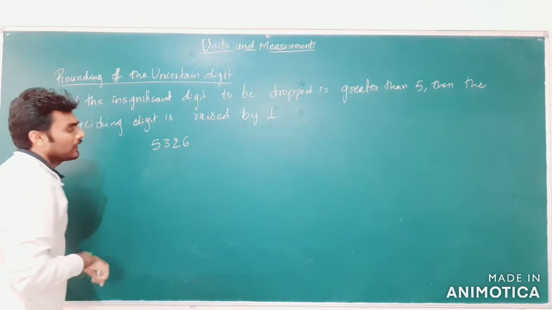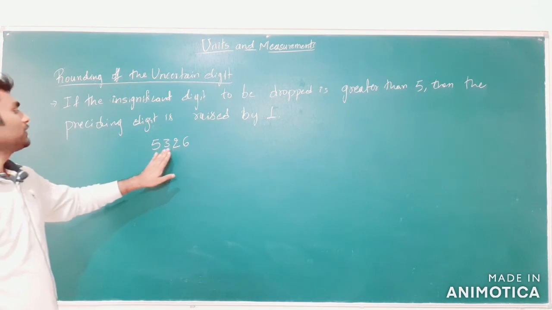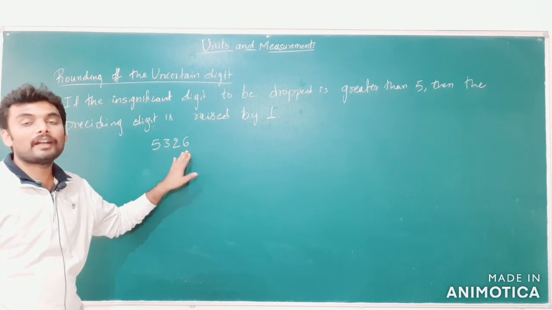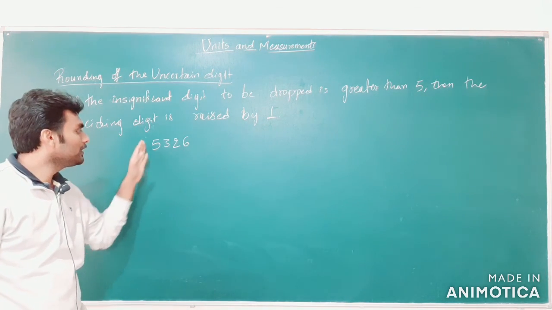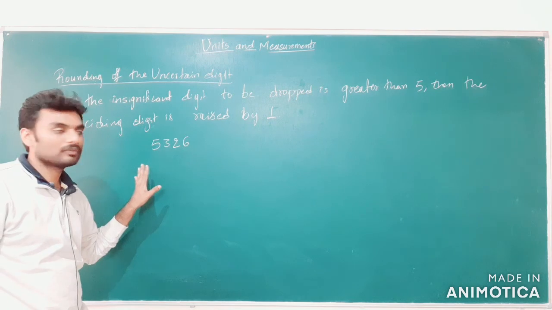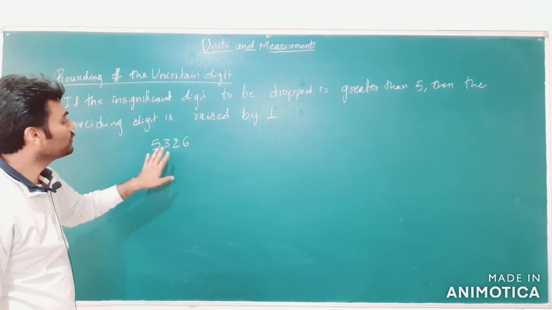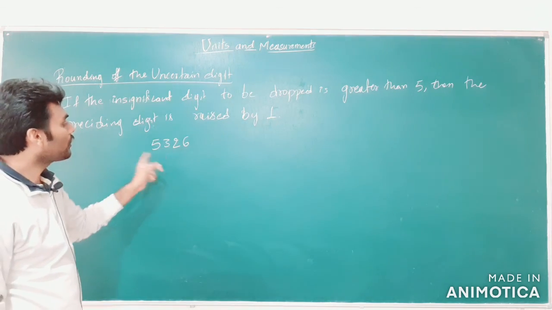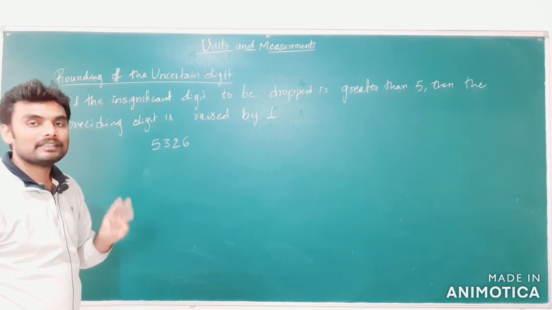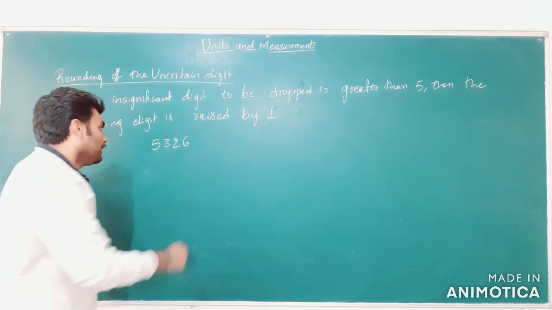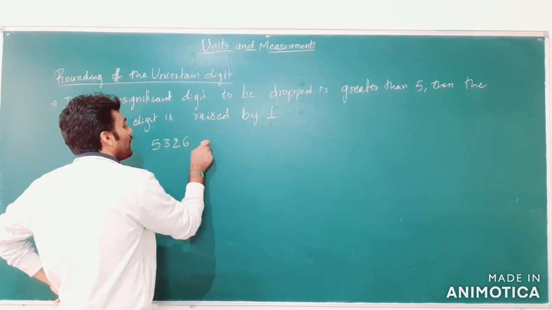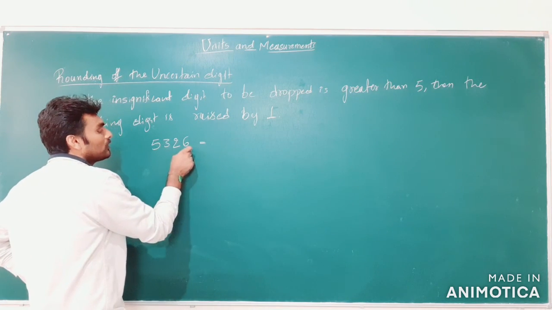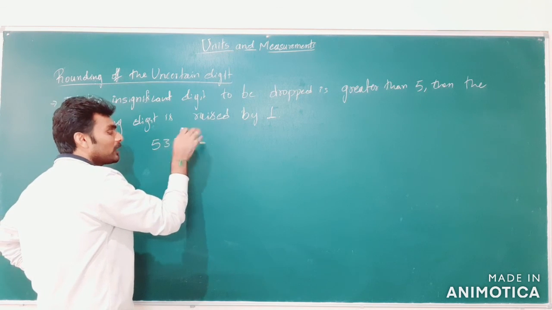5326. If I am asked to round the number off to 3 digits, then I should have only 3 digits left, so the 4th digit should be removed.